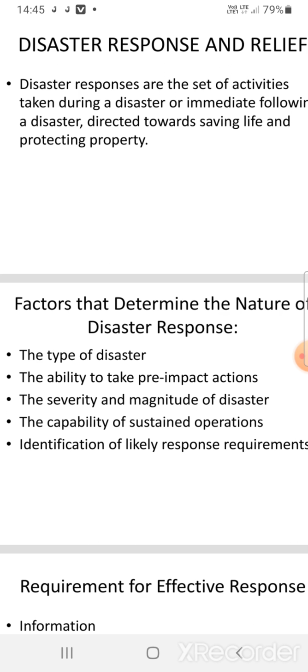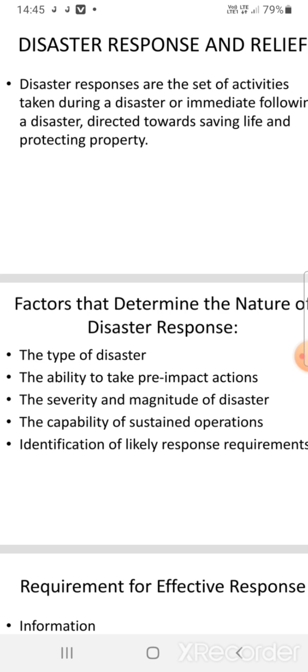So the severity and magnitude of the disaster is also considered. The capability of the sustained operations. That is, you should know the capability of the operations that you are going to perform. The limitations and the capability of the operations should be understood very well.